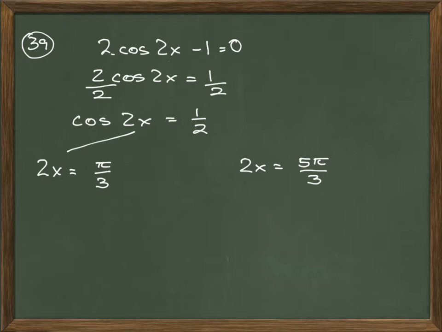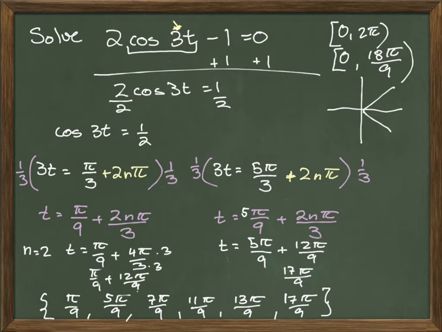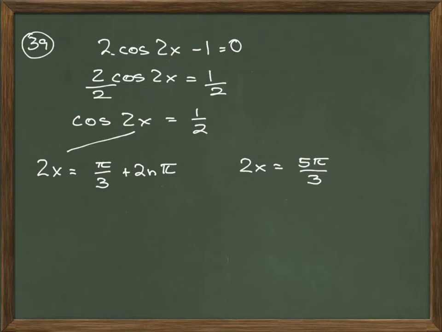So now, general form, plus 2n pi. Now we're doing the pi over 3 plus 2n pi. How do we get x by itself? We don't want to know 2x, we want to know what x is.